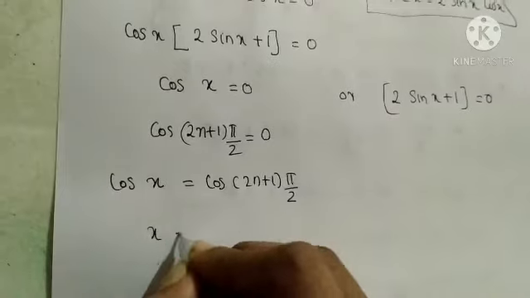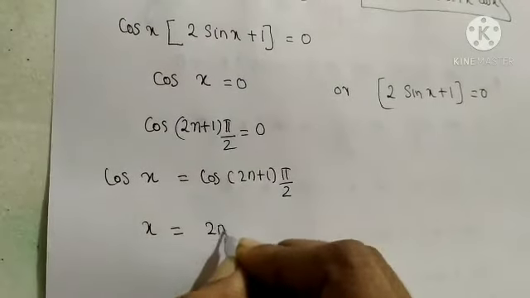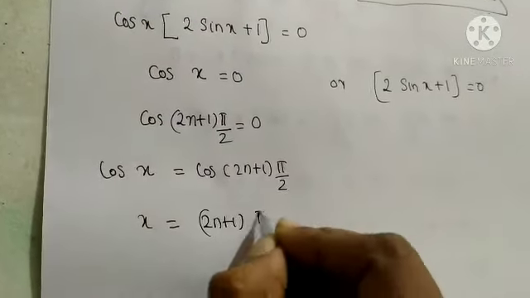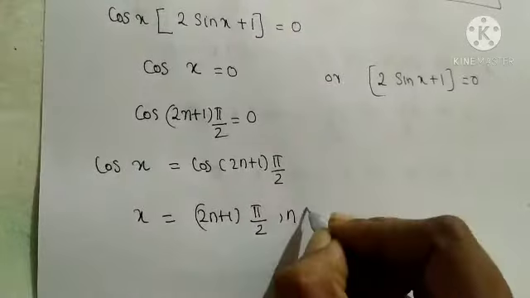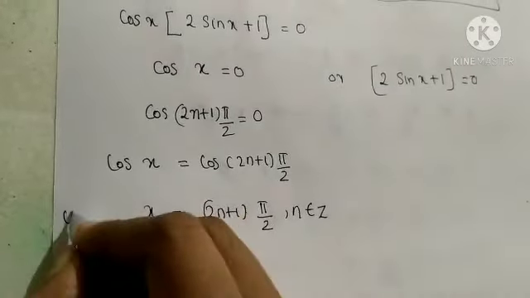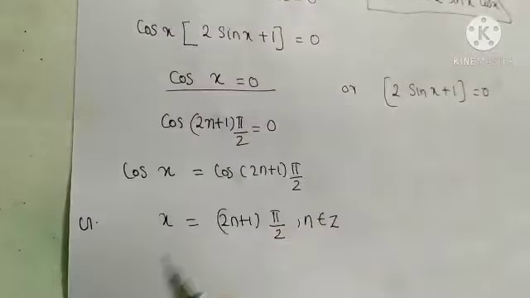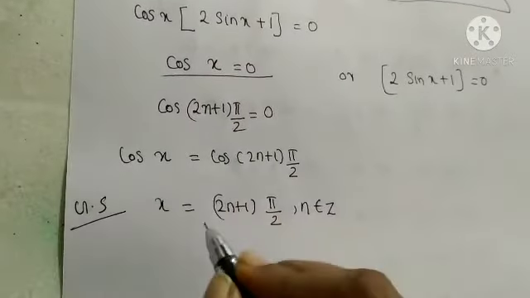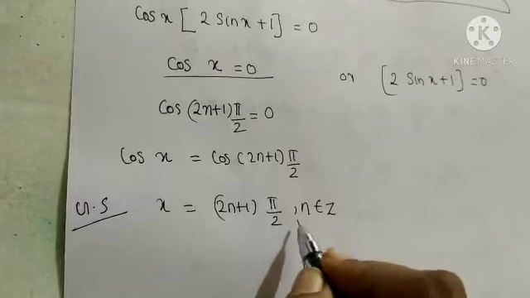So here we get x equal to (2n plus 1) into pi/2, where n is an element of Z. So in the first term we get the general solution as x equal to (2n plus 1) into pi/2.